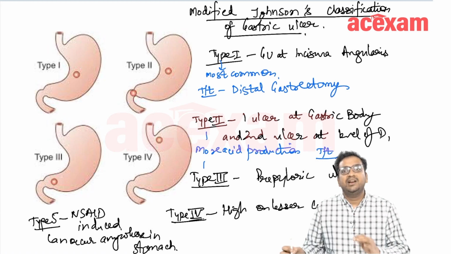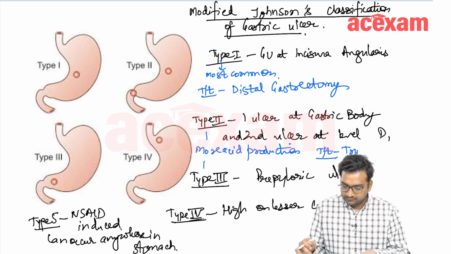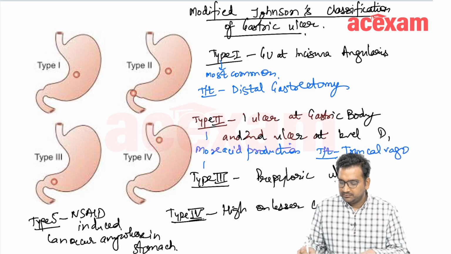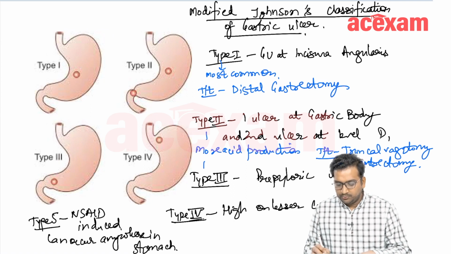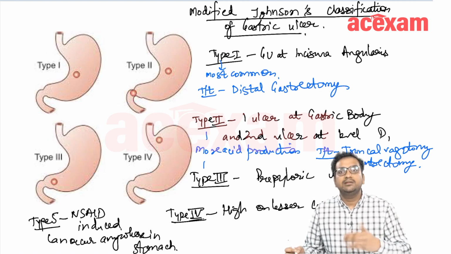The treatment is truncal vagotomy and antrectomy for both type 2 as well as type 3. Okay, what is type 3? It is pre-pyloric ulcer.